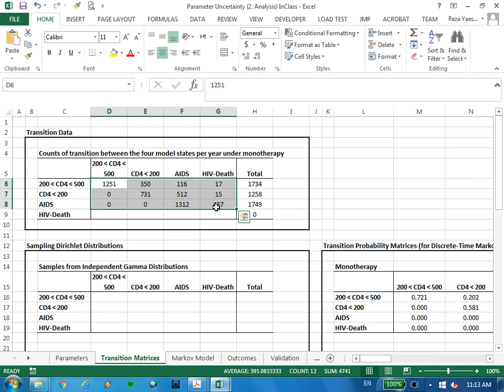Okay. Now again, if instead of 1,700, I have 17,000 patients, I would be more confident about the probability transitions that I estimate from this data. Now, what I want to do is to again capture that uncertainty in the model.